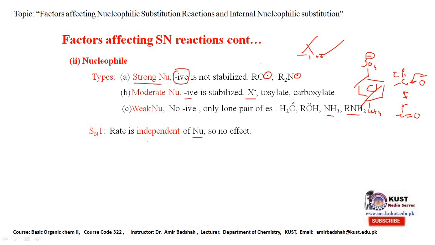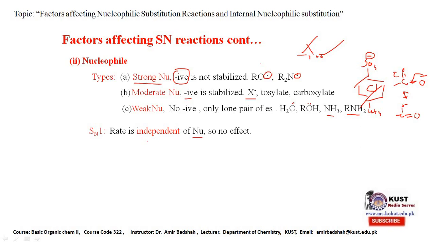Although, if we use a weak nucleophile, it will favor the SN1 reaction, because a strong nucleophile will try to attack the electrophilic center more. If we use a weak one, it will not attack; it first allows the leaving group to leave, and after a carbocation is formed, it will attack.